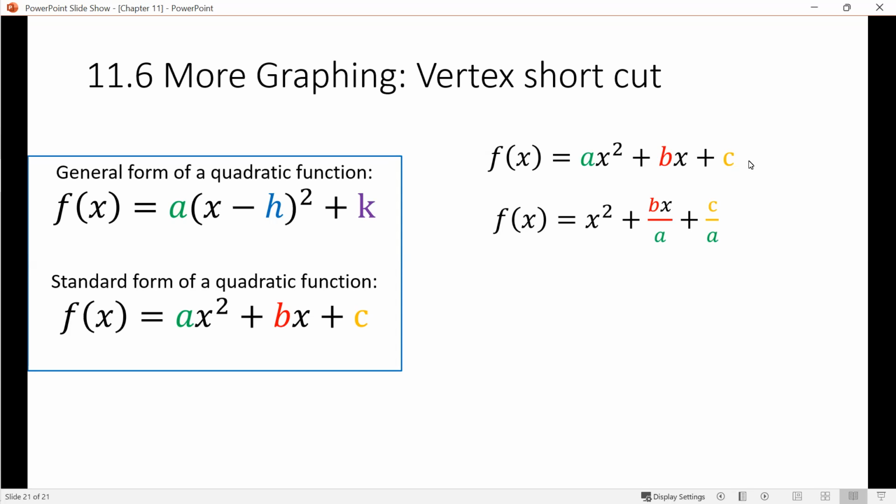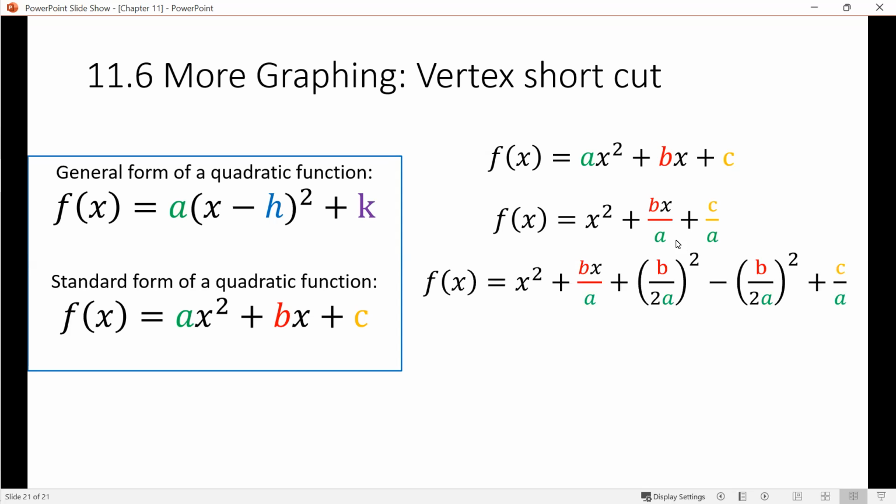So if a is something other than 1, we have to divide every term by a. So first you divide every term by a, right? And then our constant term needs to be the coefficient here divided by 2, squared. Our coefficient here is b over a. So we need to take b over a, divide it by 2, and square it. That's what our constant term needs to be. So b over a, we divide by 2, puts a 2 in the denominator, and squared.